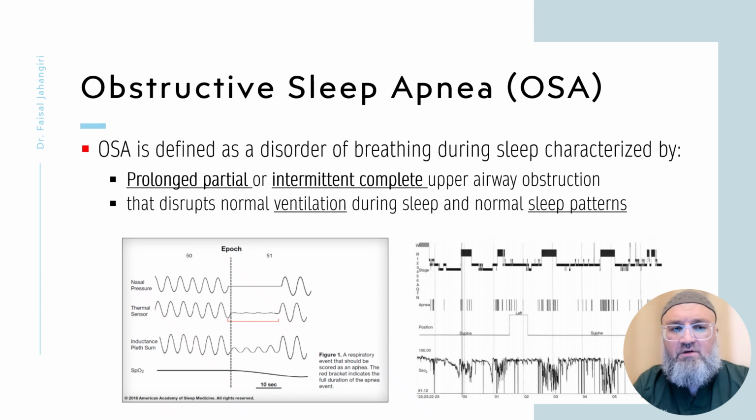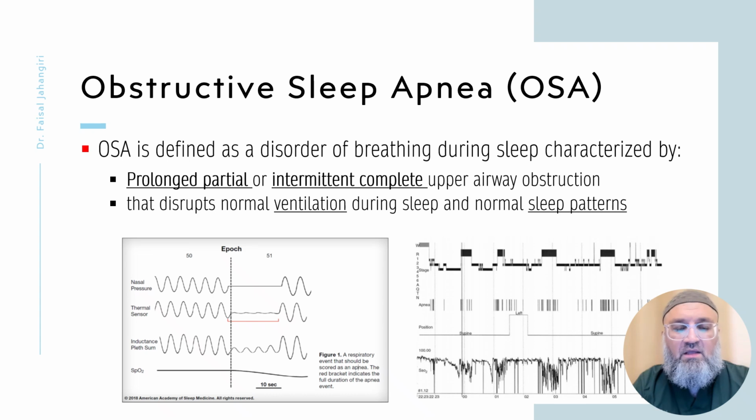The first one, OSA or obstructive sleep apnea, is defined as a disorder of breathing during sleep. It is apnea caused by obstruction of breathing during sleep, characterized by a prolonged partial obstruction or intermittent complete upper airway obstruction, and this disrupts normal ventilation and normal sleep patterns.